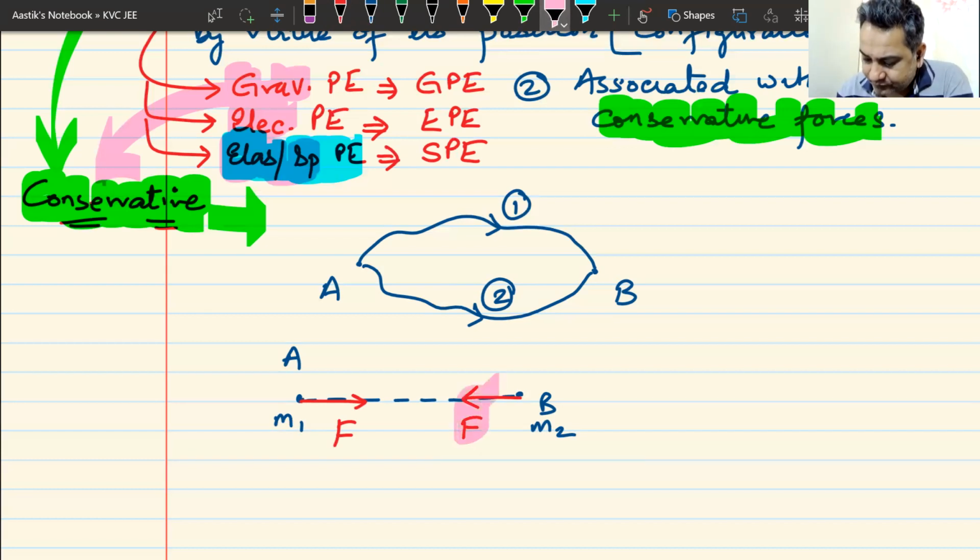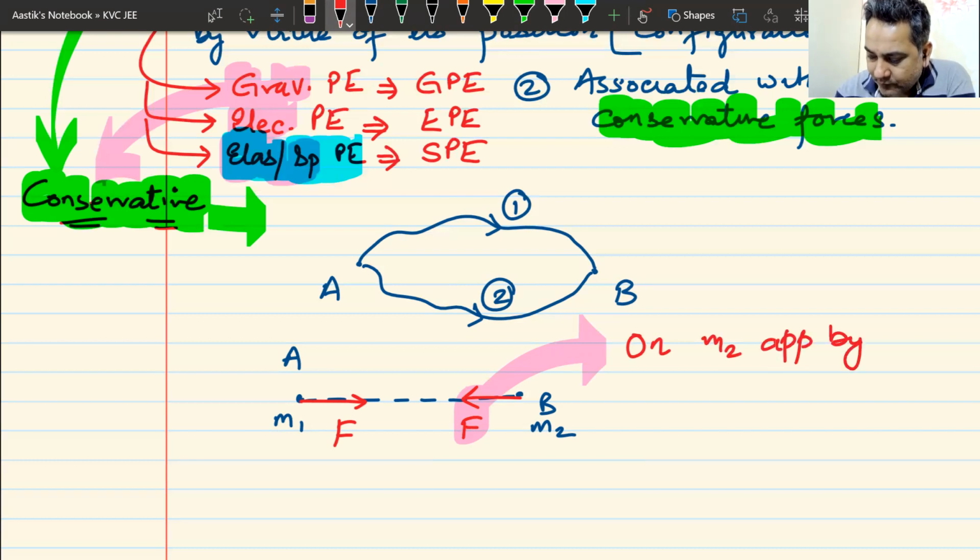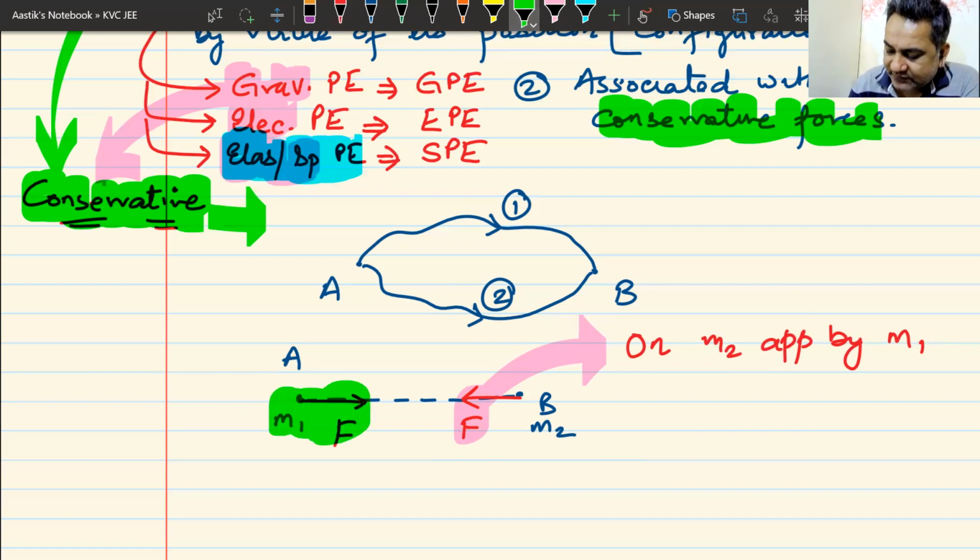So this F is the force on M2 applied by M1. This F, same in magnitude, opposite in direction, is an action-reaction pair.